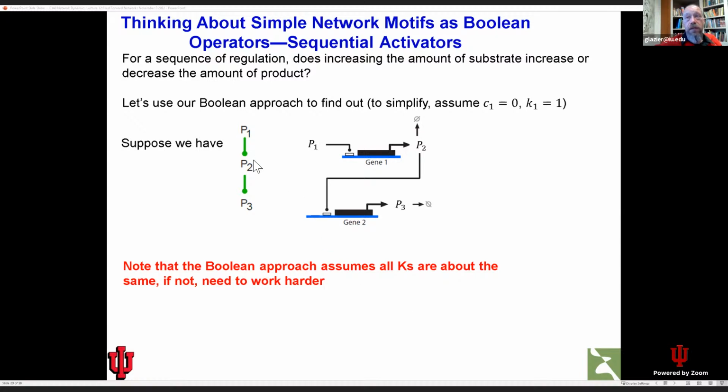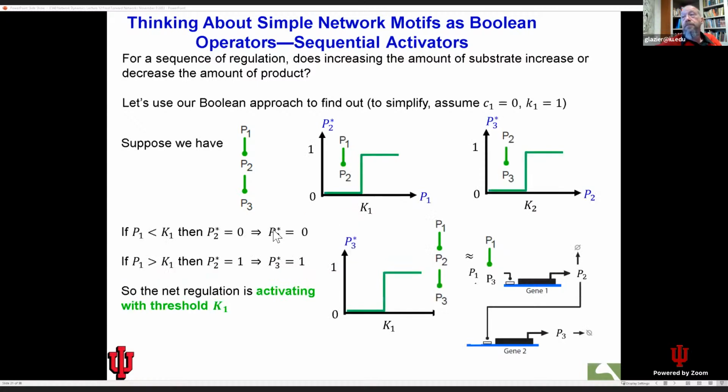So let's imagine P1 turns on P2, P2 turns on P3. And let's just think about it as a logic gate. Suppose that P1 is less than K1. Then P2 star is 0. 0 is definitely less than K2, which means that P3 is 0.